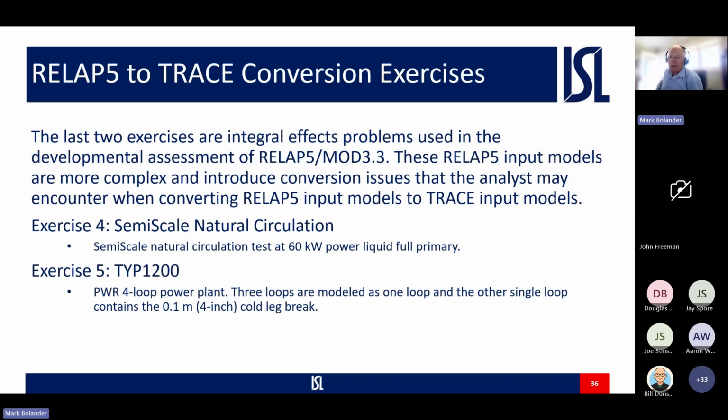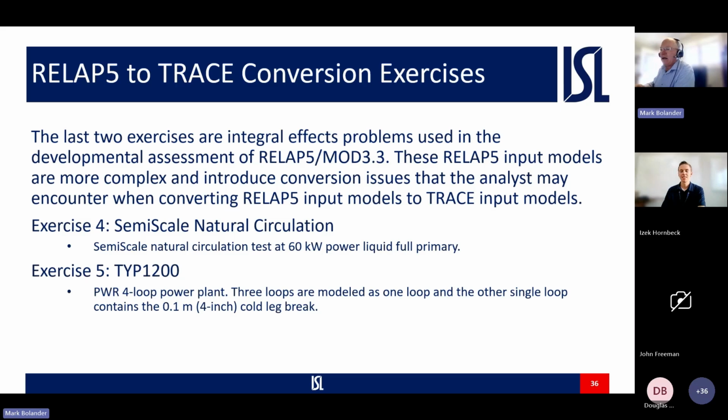So we'll turn the time back to Isaac to start this exercise, the TIP 1200. TIP 1200 has point kinetics in it, so that's why we chose to do this one first. So Isaac, we'll turn it over to you.